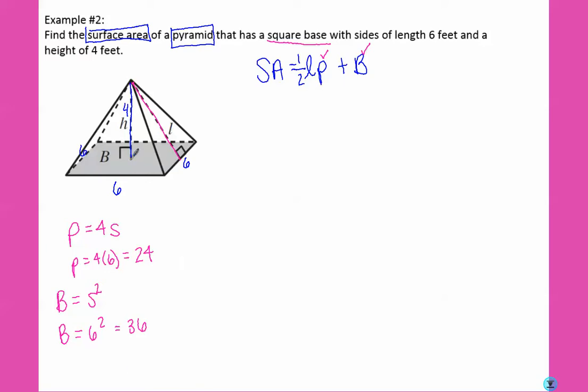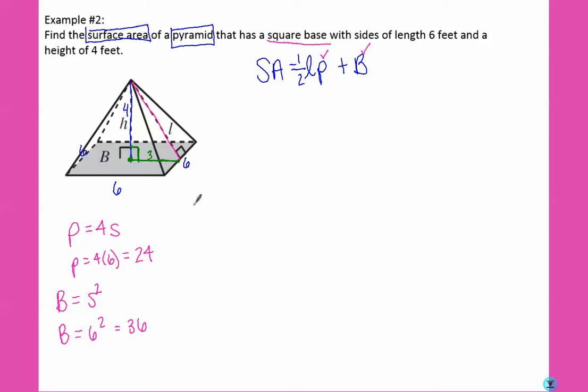We still need L that goes along the side, the slant of the triangle. Now, again, this would form a right triangle if we connect them. This would be a right triangle here, which is good, which means we can do the Pythagorean theorem, but we need this side down here first. Well, the height lands directly in the middle of the base. So if the side length of the base is 6, but we want to go from the middle to the outside, that'd be half of it, which would be 3.